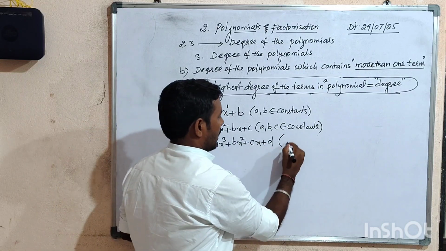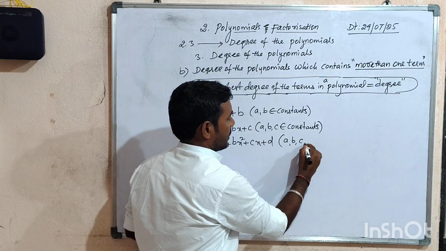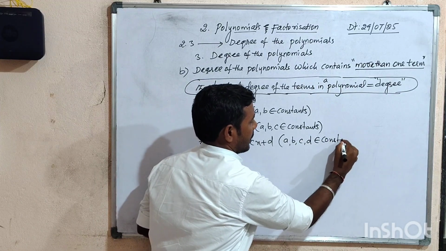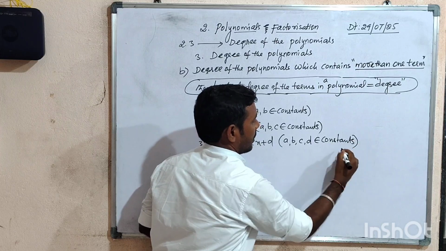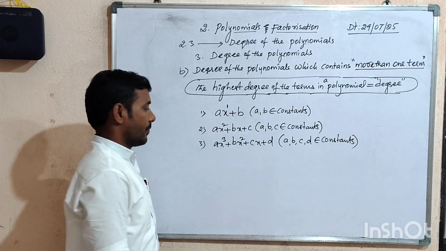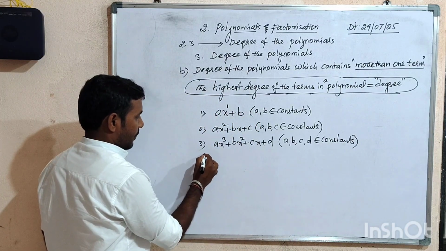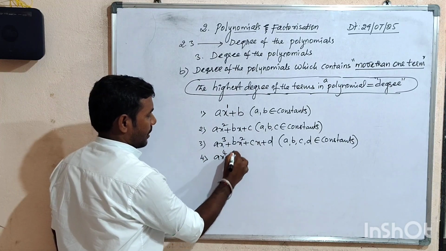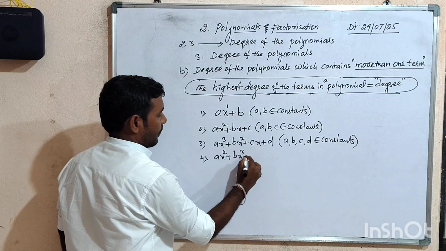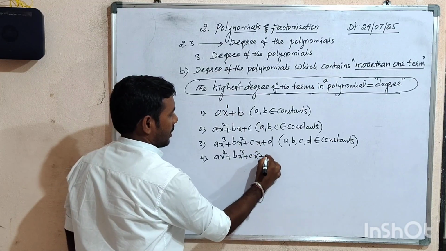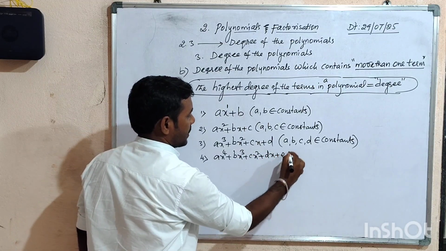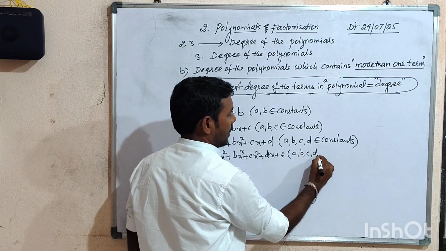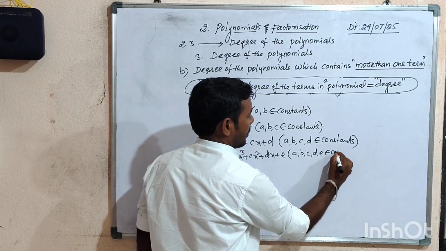In this, a, b, c, d belong to constants. These are constants. Similarly, the fourth one: ax to the power of 4, bx power 3, cx square, dx plus e. Here a, b, c, d, e belong to constants.